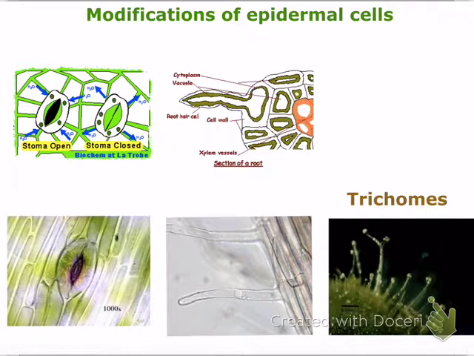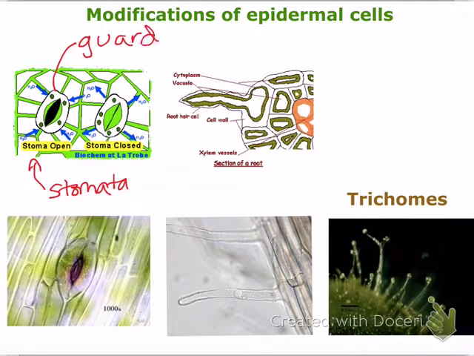Here's a closer look at two special adaptations that plants have. This right here is a closer look at the stomata. The stomata is made up of these white guard cells.